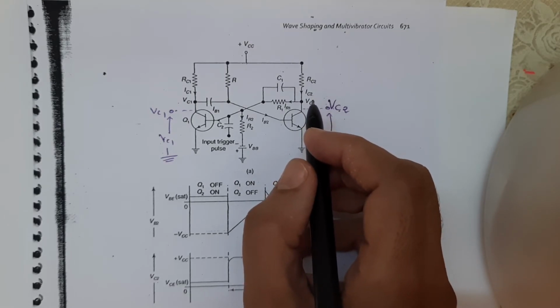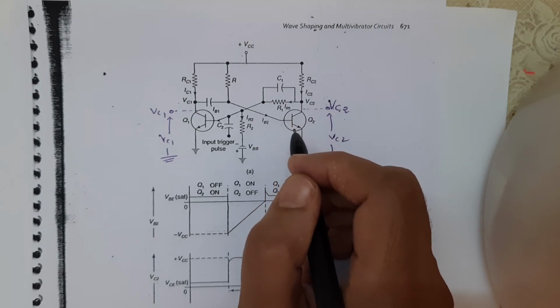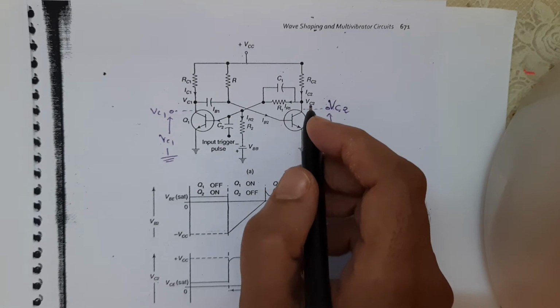From the figure, it is a basic collector coupled transistor multivibrator. It is essentially a two-stage RC coupled amplifier with the output of the first stage coupled to the input of the second stage, and the output of the second stage coupled to the input of the first stage.